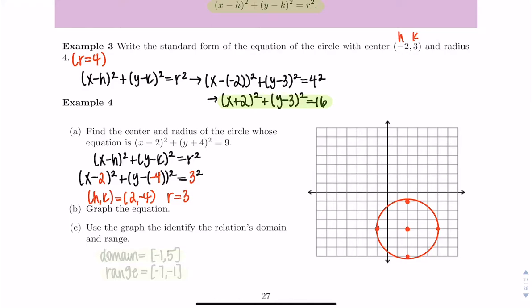So now that we've graphed it, we want to use it to identify the relation's domain and range. So the domain is all of my x values and my range is my y values. So my leftmost x value that I hit is -1, and my rightmost value that I hit is 5.